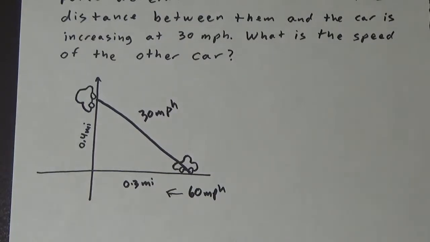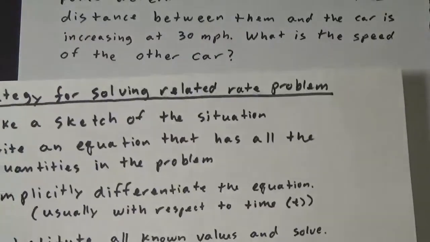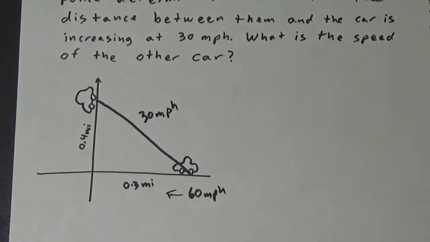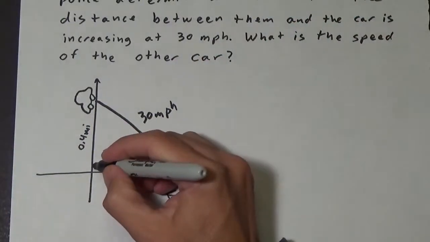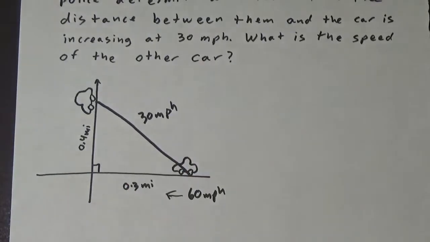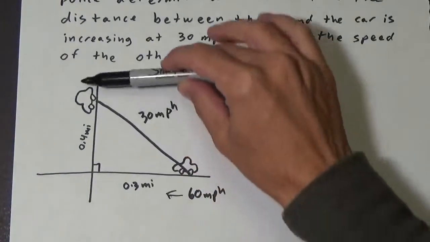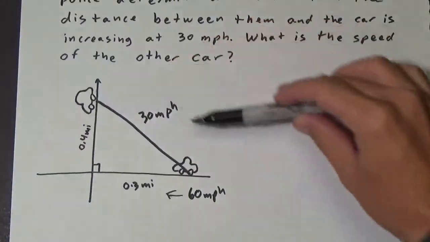Okay, the next thing is we need to write an equation that has all the quantities in the problem. With an overpass, we'll assume that this is a right angle. So when we look at the distance here, the distance there, and the distance between them, it looks like we have a right triangle.